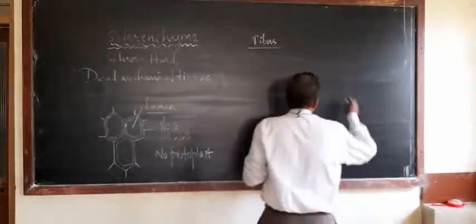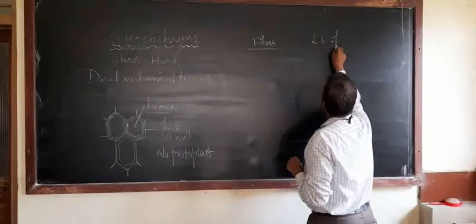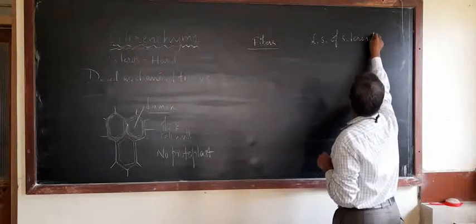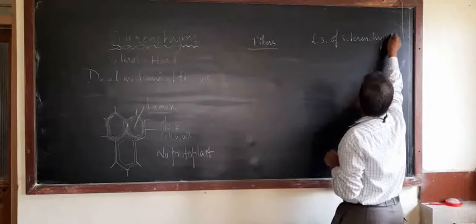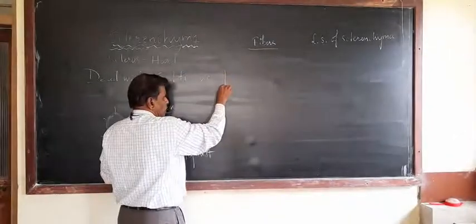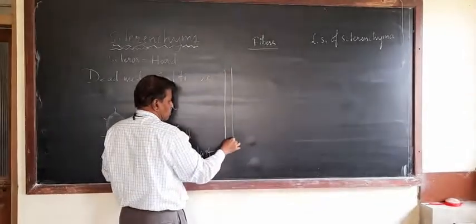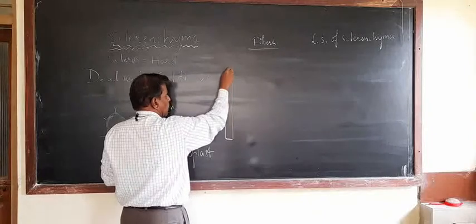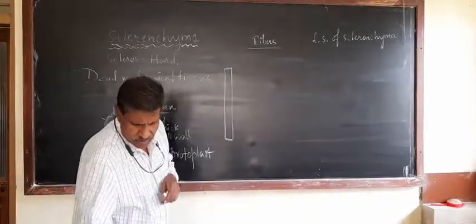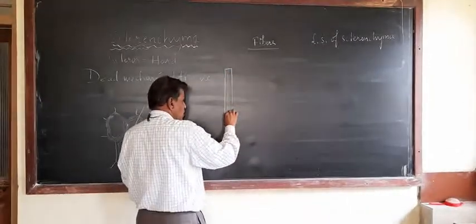When you look into the longitudinal section of Sclerenchyma tissue, suppose assume that this is a stem, a piece of a stem. Let me say that here Sclerenchyma tissue is there inside the stem.